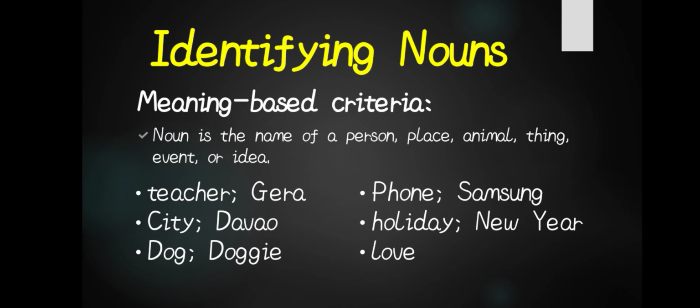So a noun is the name of a person, place, animal, thing, event or idea. As long as it falls under these, they are automatically nouns. For example, teacher, Jera, city, Davao, dog, doggy. Proper or common, as long as it describes or names something, it is a noun. Okay?